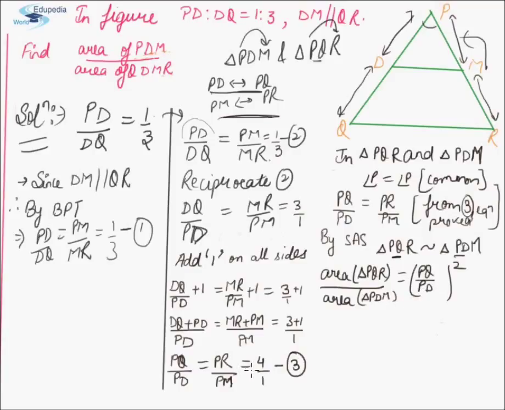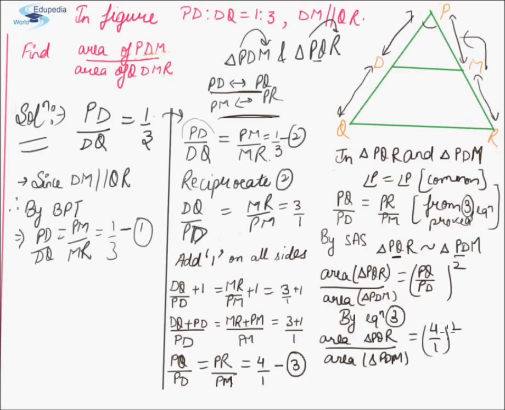Now from equation 3, PQ over PD is 4 over 1. Thus, by equation 3, we can have area of triangle PQR over area of triangle PDM equal to 4 over 1 whole square.